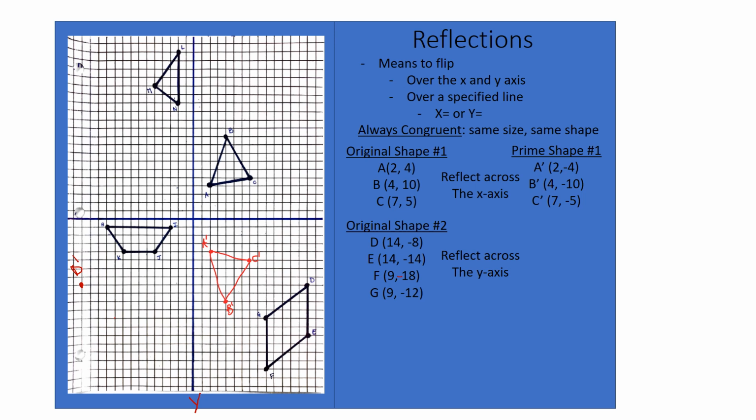We're going to do the same thing with letter E. I put my pencil on E and I count towards the y-axis. 14 units. Once you make it to the line that you are reflecting across, in this case, the y-axis, we continue going the same amount across it.